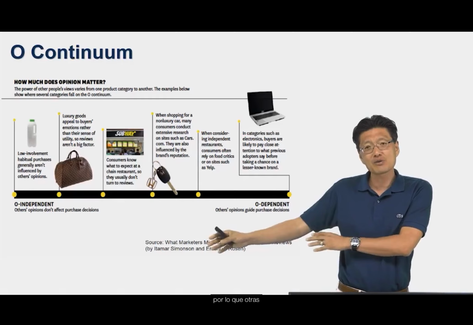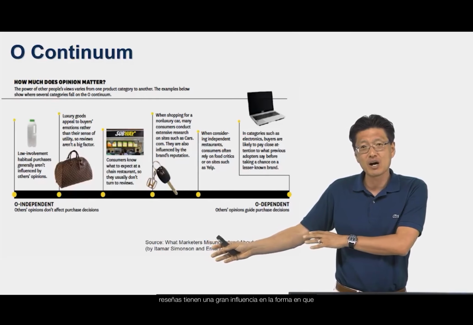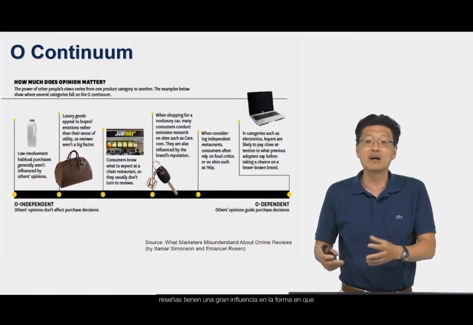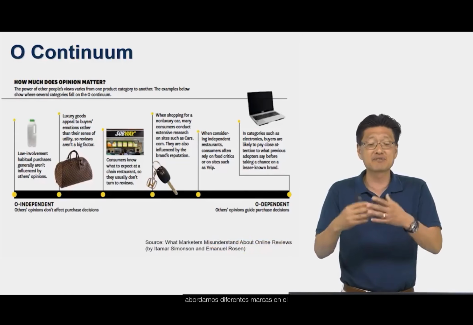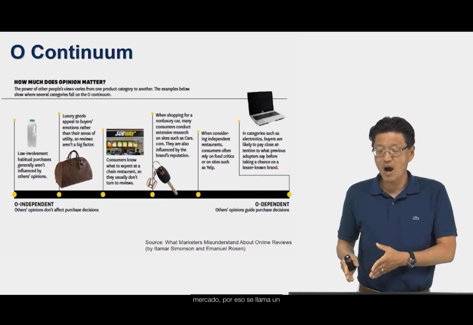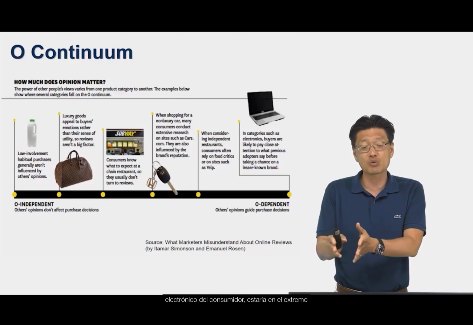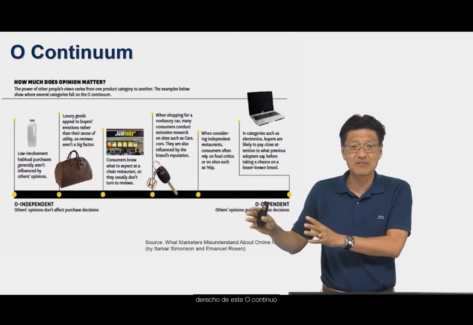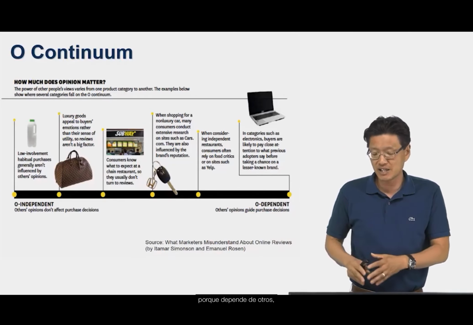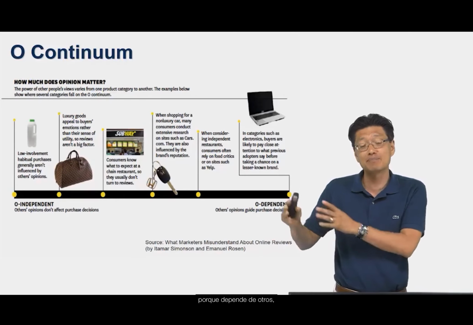So others' reviews have a heavy influence on how we approach different brands in the marketplace. That's why consumer electronics would be on the far right-hand side of this O continuum, because it is O dependent, it is others dependent.